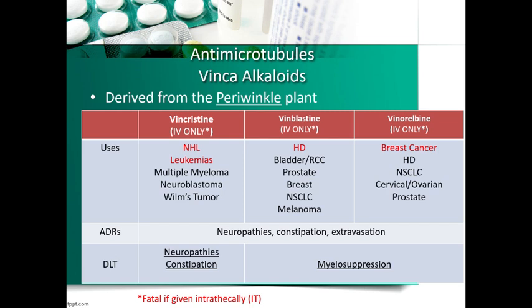All of these are derived from the periwinkle plant, which are known as vincas, and they are fatal if given intrathecally. So that's a potential NAPLEX type question. The constipation here comes from an autonomic neuropathy that results from vincristine use, and we'll talk more about that in the next video.